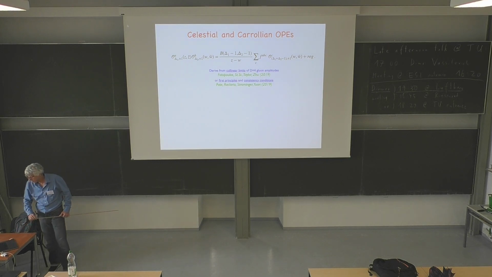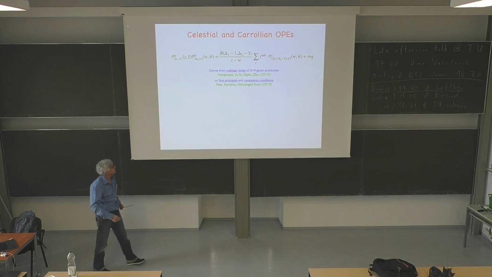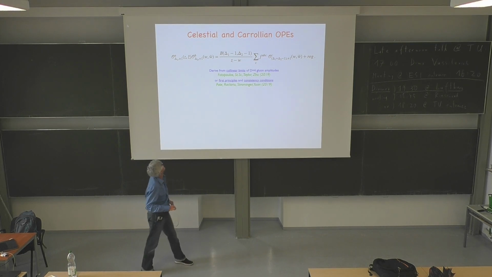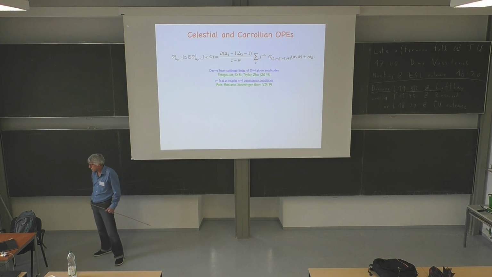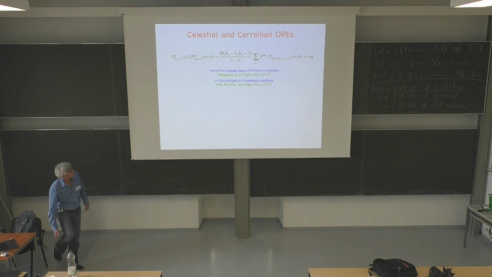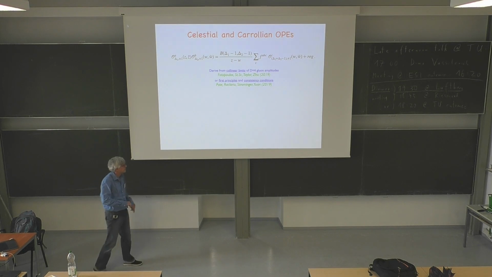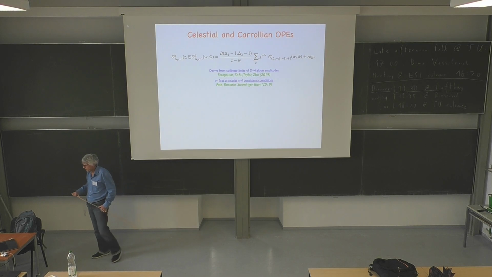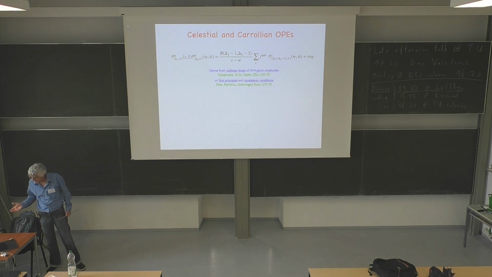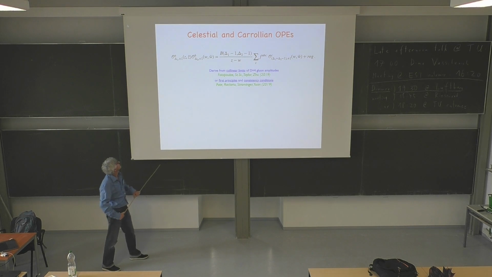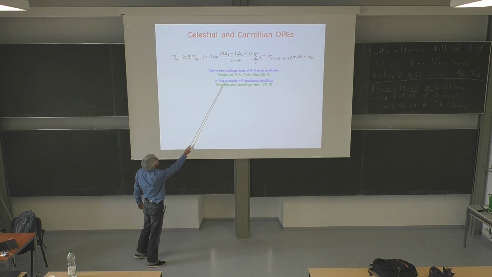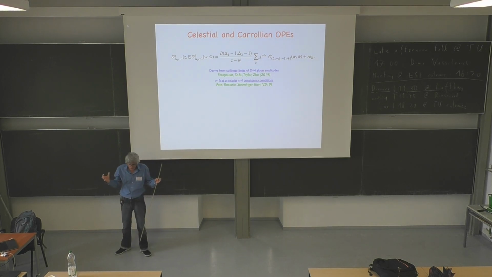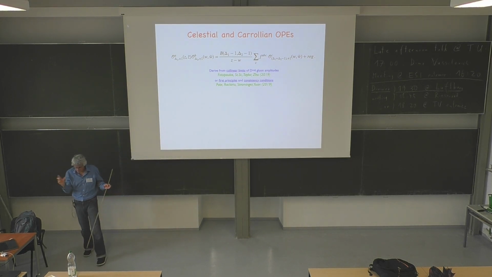So let me just also compare a little bit what we know in both approaches, I mean, celestial and Carrollian conformal field theory. So of course, when you think about conformal field theories, one of the first things you do is look at the operator product expansions. And so you can compute operator product expansion on the celestial sphere. There have been proposed two approaches. You can take amplitudes in four-dimensional Minkowski space and look at collinear limits.